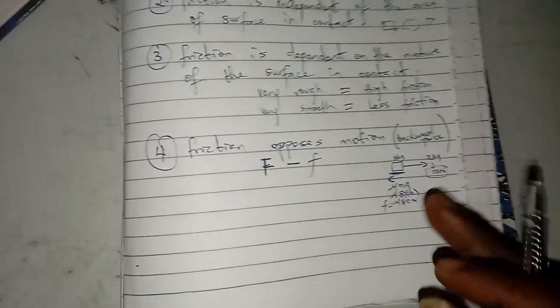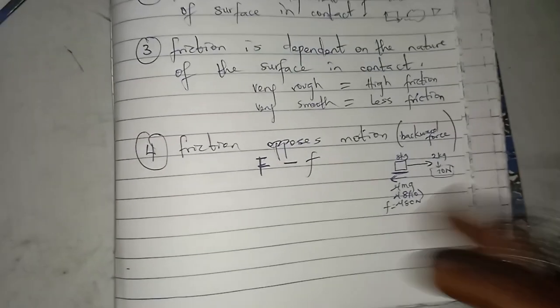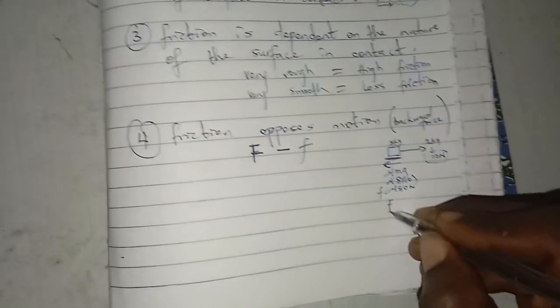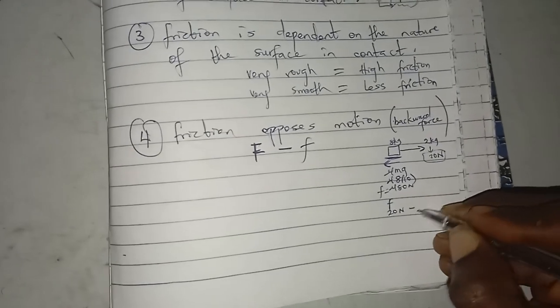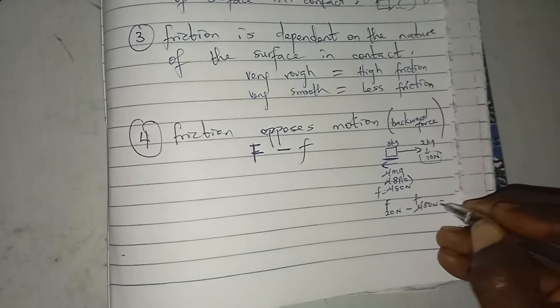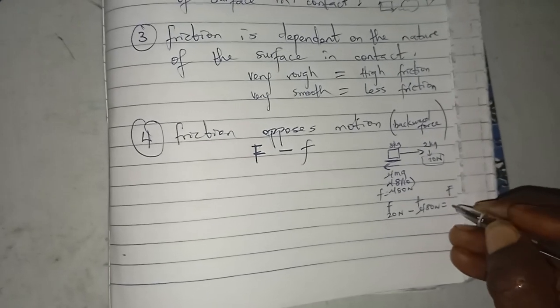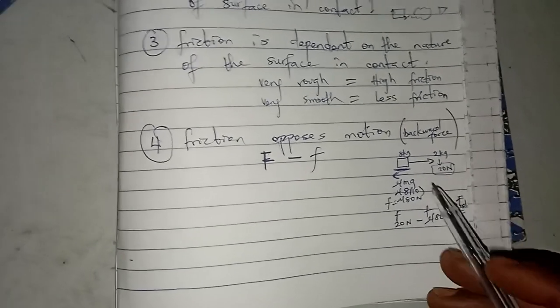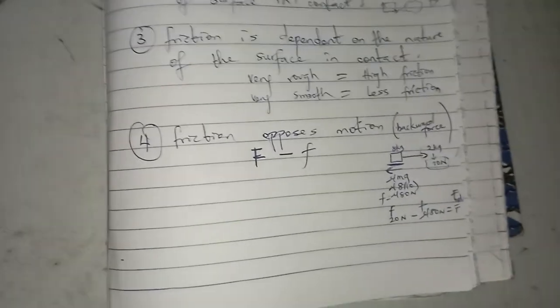If I want to calculate this now, it will simply be this forward force, which is 20 Newton, minus friction, which is mu 80 Newton, equals the total force F net. So if you want to check, always do it this way. The one that you are giving that moves it is the forward force.